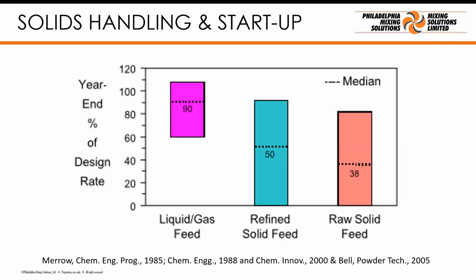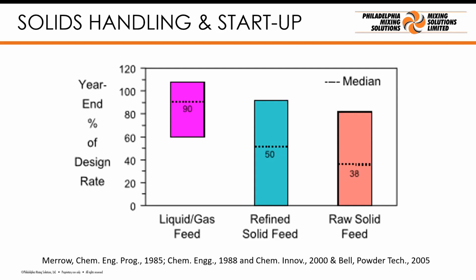So one of the things that's most important, even before you start designing your agitator, is to get good basic data. So this is a chart. The most recent paper that this chart appeared in is in Powder Technology, a paper written by Tim Bell back in 2005, a former colleague of mine at DuPont, where we're looking at the successful startup of plants 1 year after startup.